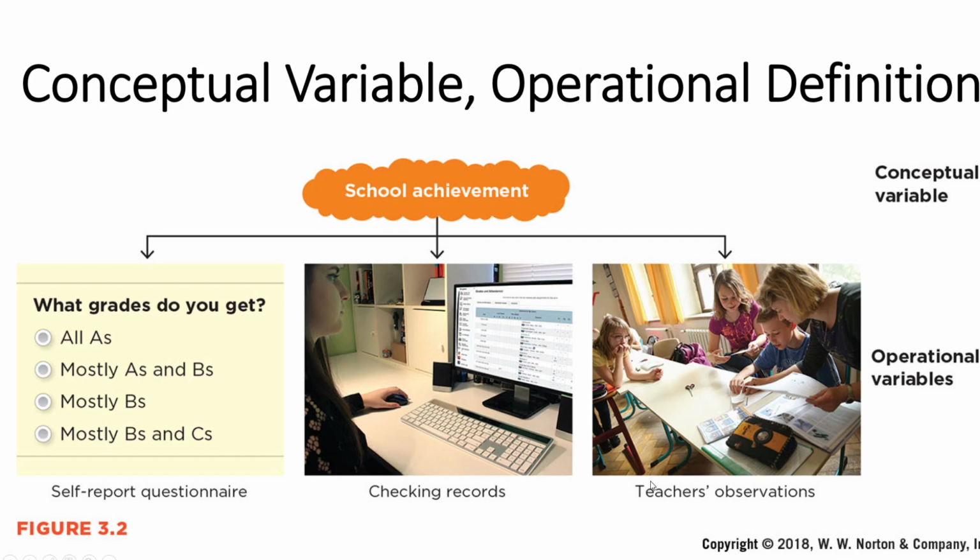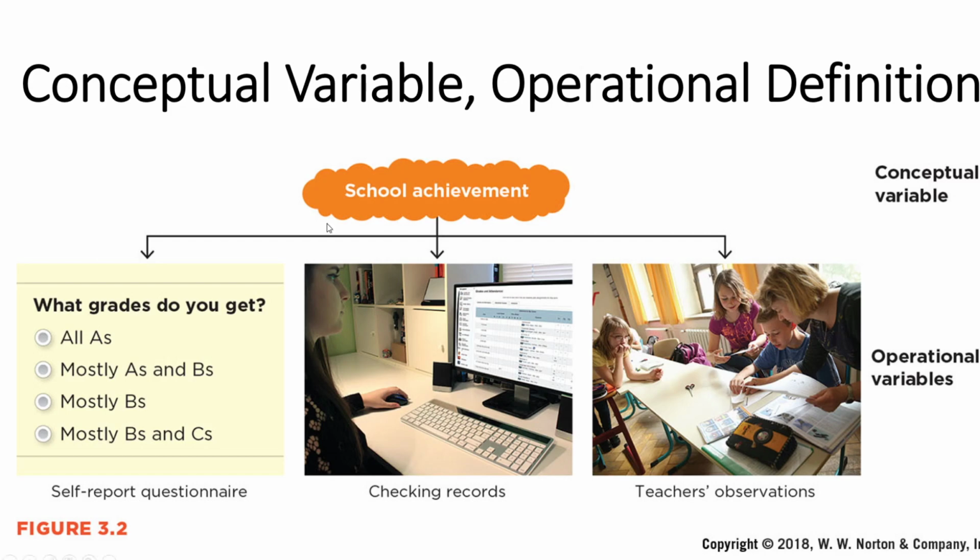So there are lots of different ways that you can have these operationally defined variables. You can get at the same conceptual variable, the same basic idea, a bunch of different ways.